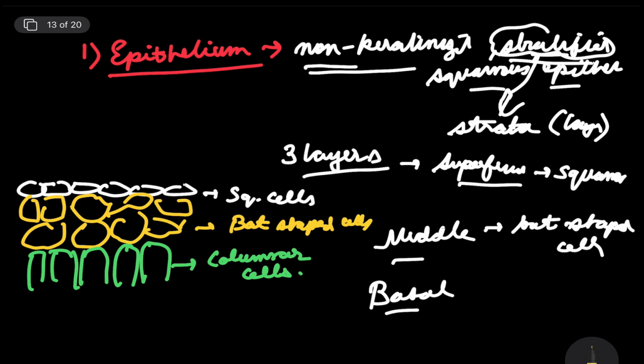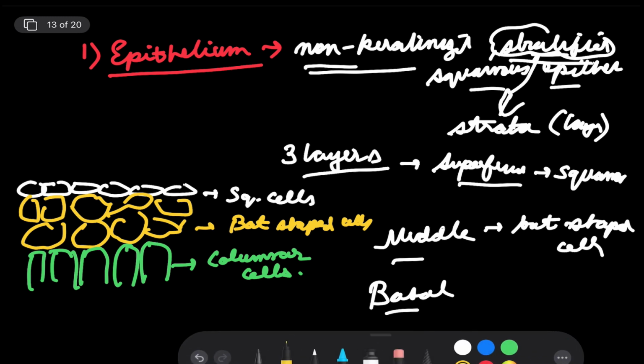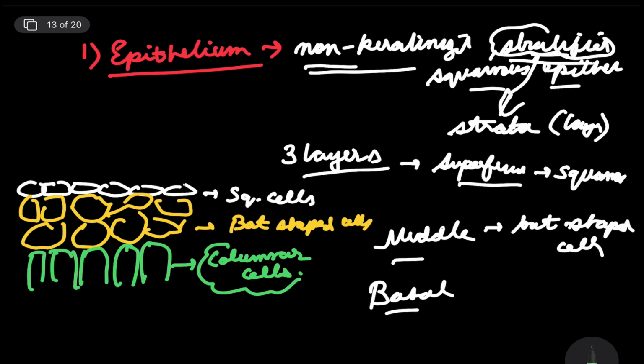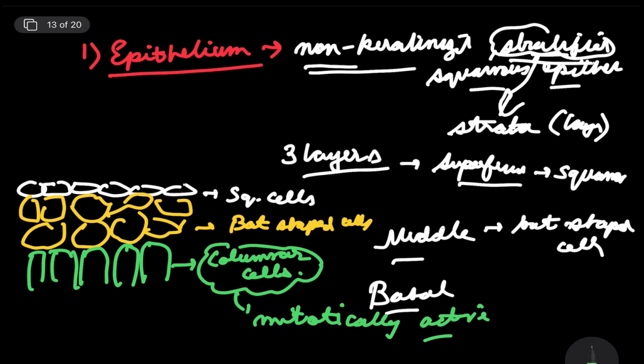What is very interesting about these cells is that the columnar cells have the ability to mitotically divide, which means that they are mitotically active. They can undergo mitosis, and that is what basically happens in a stratified epithelium.